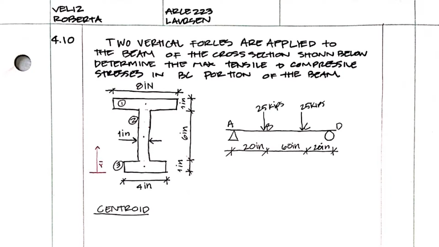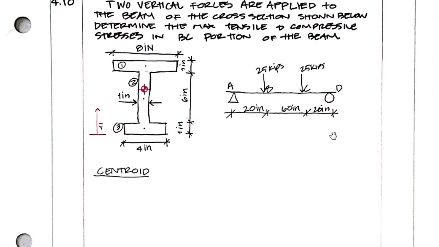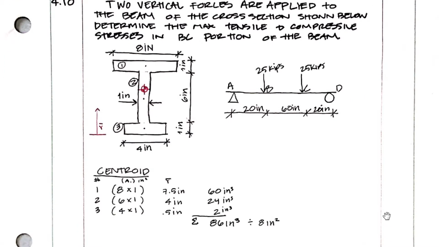I'm assuming the centroid is going to be around here, closer to the top, as I said, and our initial centroid equations are basically just finding the centroid, dividing this up into 3 parts. These equations are on my equation sheet if you would like to look at them for a refresher.